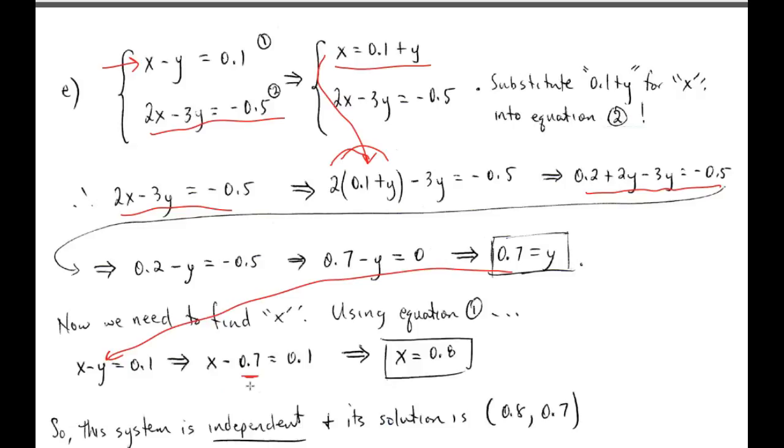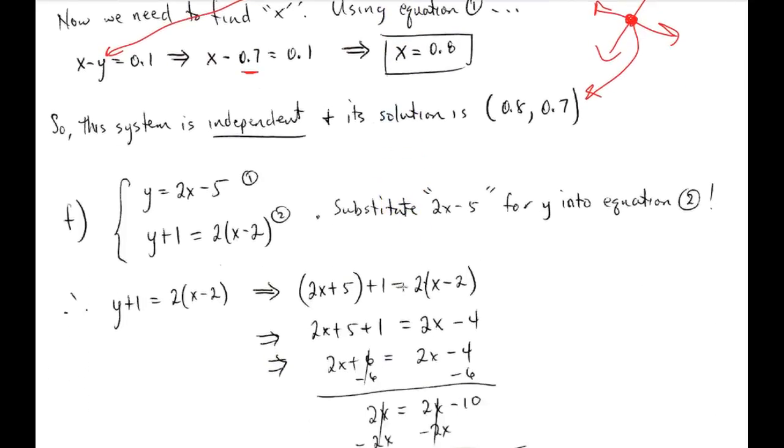So this system is independent, and its solution is at the point (0.8, 0.7), meaning that these two lines definitely have slopes that are different, and thus they intersect at exactly one point, and that point is going to be (0.8, 0.7). So we have something that kind of looks like this, where this point is actually that.